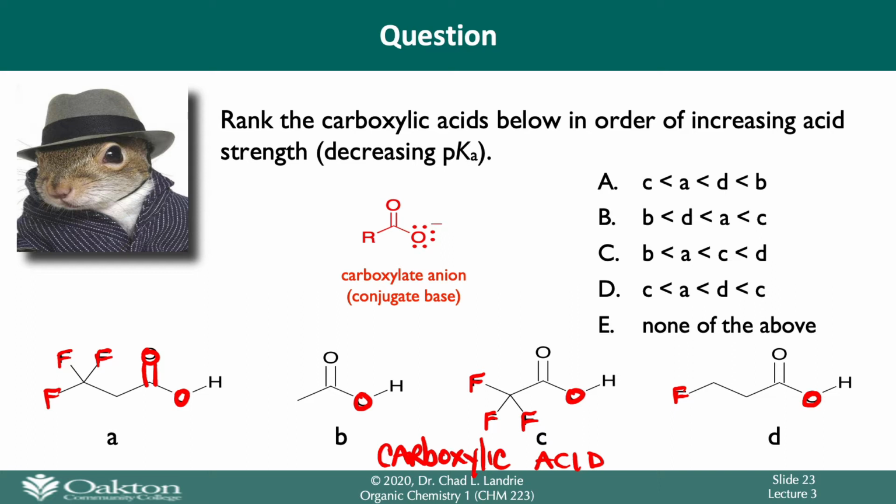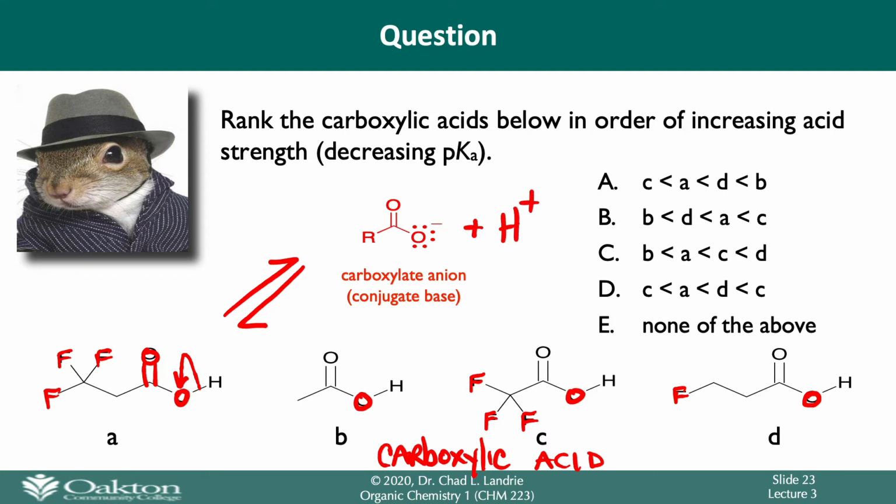So the carboxylate anion is the conjugate base, and that results when I dissociate the oxygen-hydrogen bond, again breaking the bond toward the more electronegative atom. The other product, for all of these acid-base equilibria, is the proton.